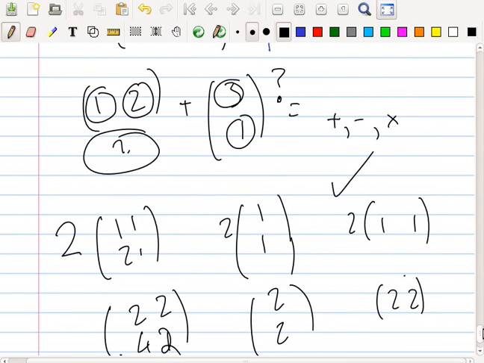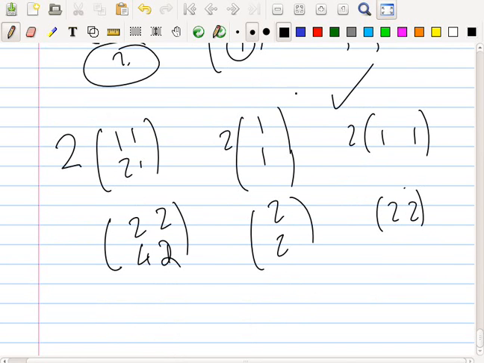Right, let me just have a little bit of vocabulary before we finish here. This one here is called a 2 by 2 matrix because there's two numbers here and two numbers here. This one here is called a column vector, size 2.